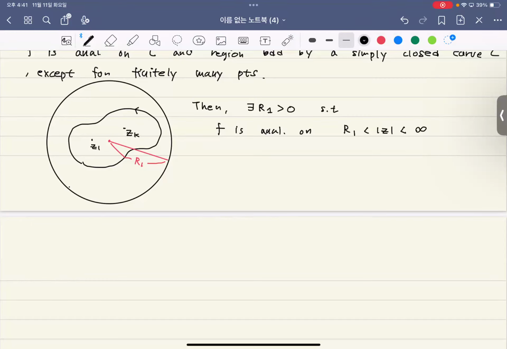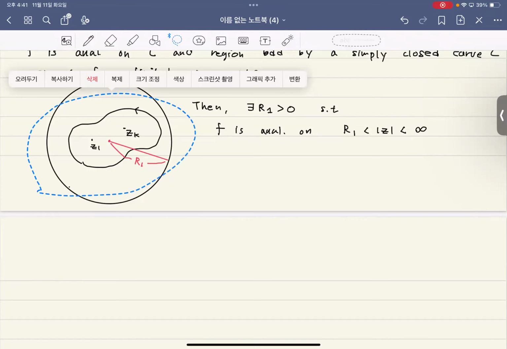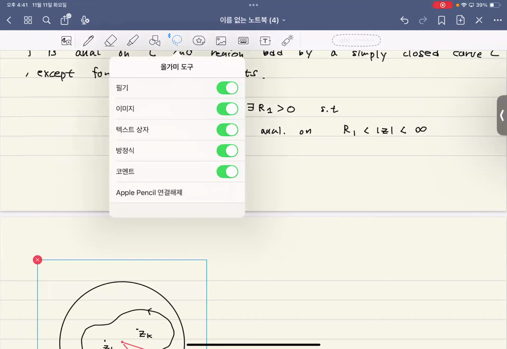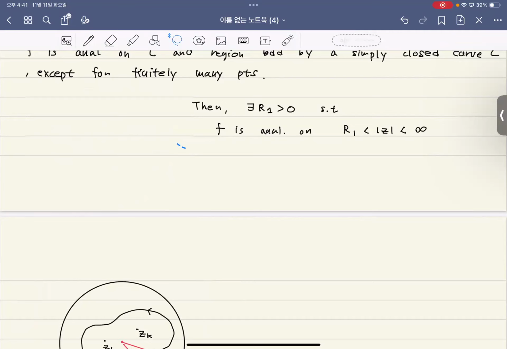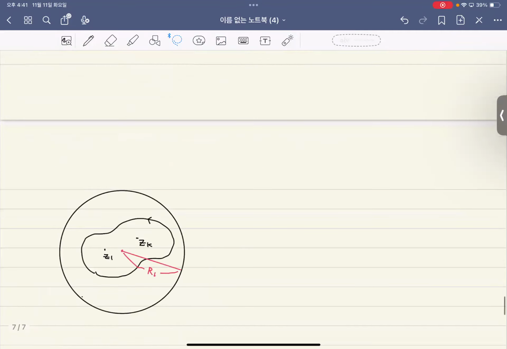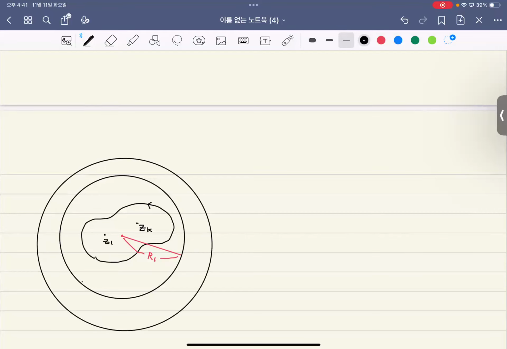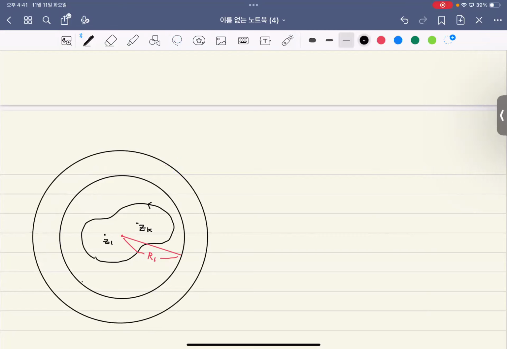I'm running out of space, sorry. Okay. Now, what I want to do is choose another circle around here, and let me say this radius is R0, a positive number.